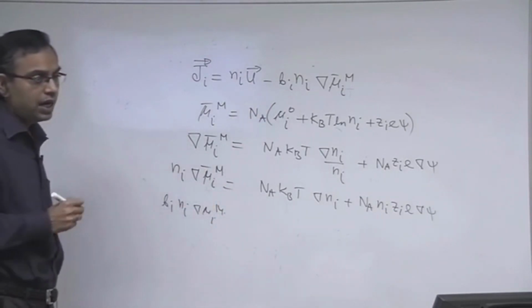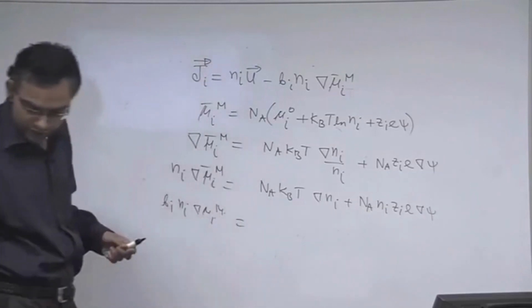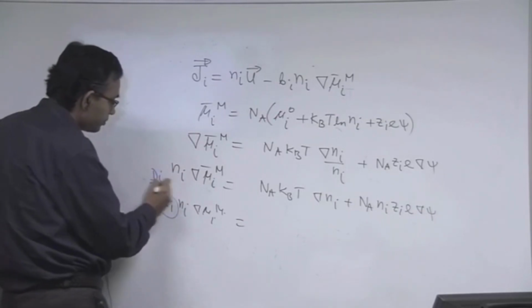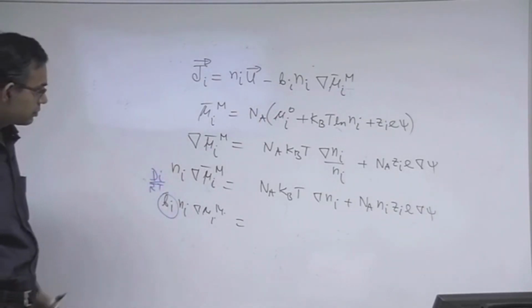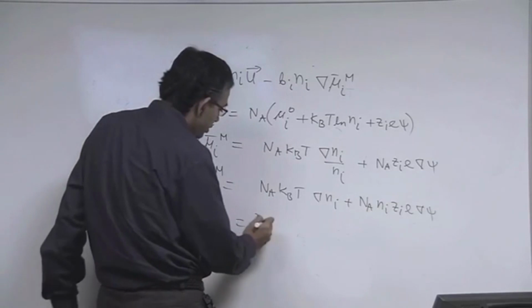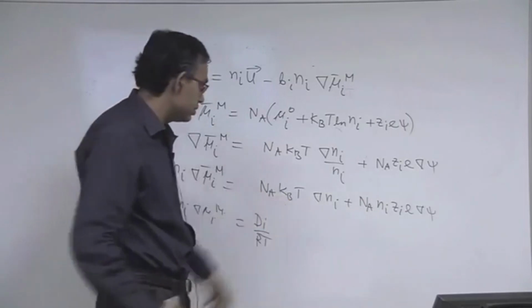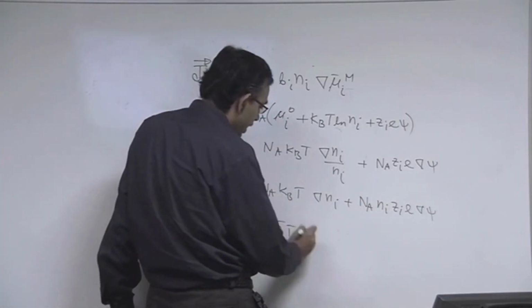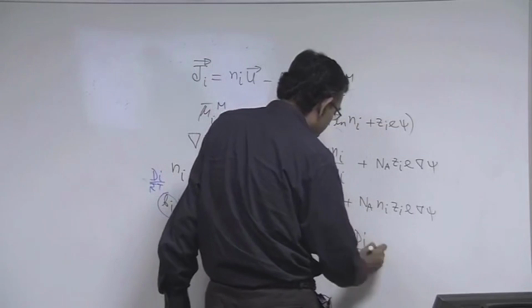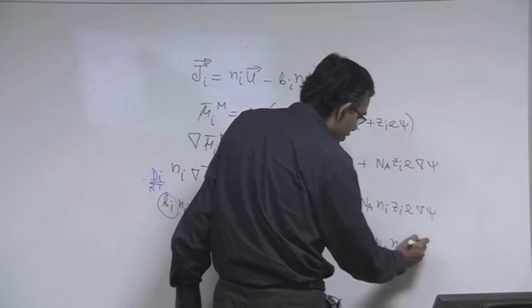What is B_i? B_i is D_i by RT. So D_i by RT, N_A into kB is R, so RT grad N_i plus D_i by RT N_A N_i z_i e grad psi.